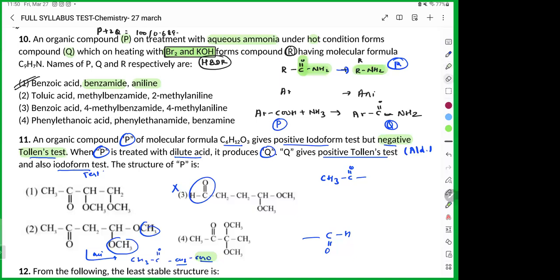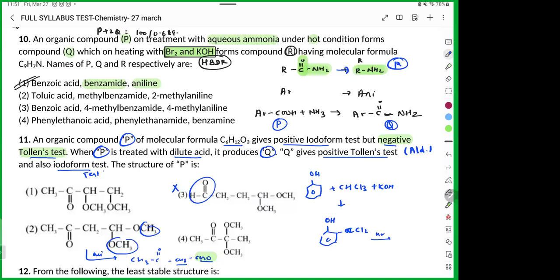Do you remember the Reimer-Tiemann reaction? You have phenol. Phenol reacts with chloroform and KOH. So what will happen at the ortho position? You have CCl2.